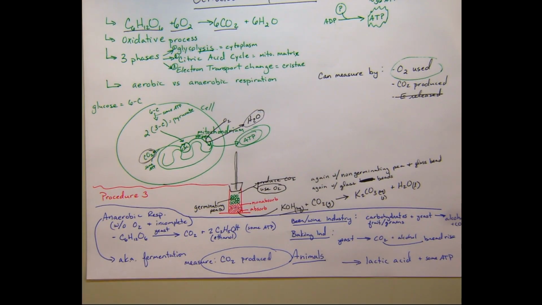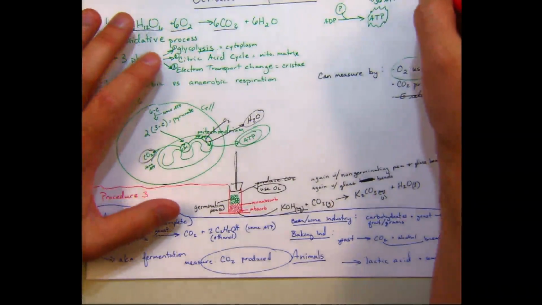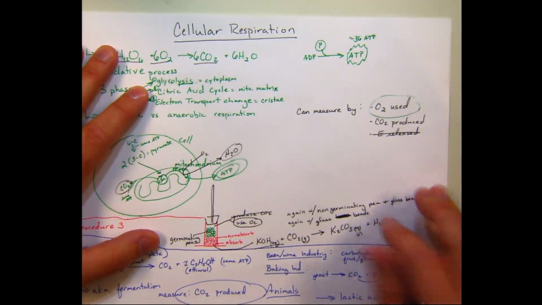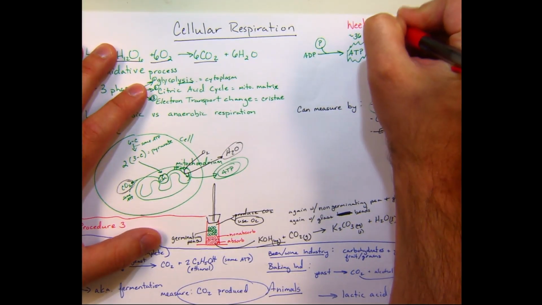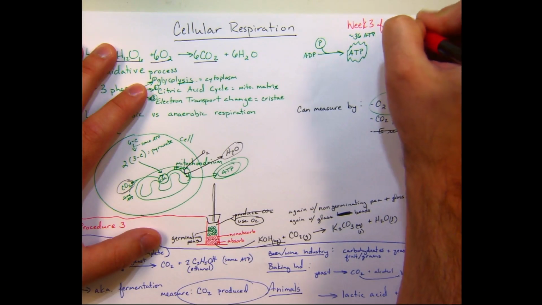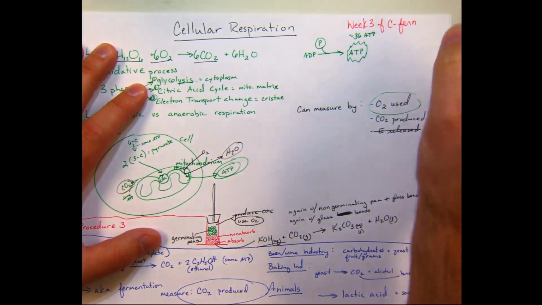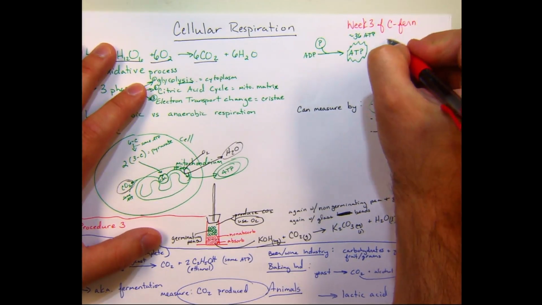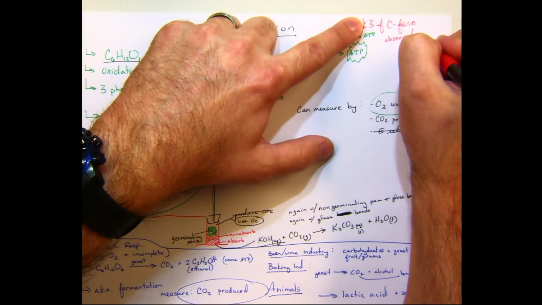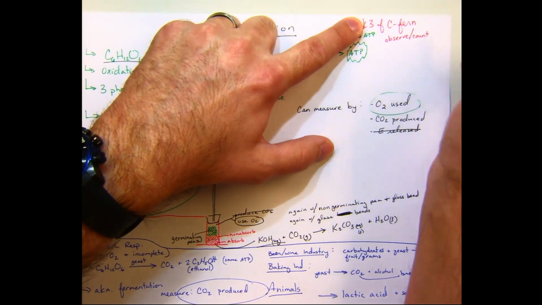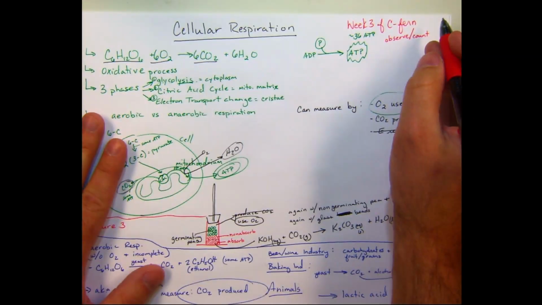Right. And last thing is this is week 3 of our sea fern experiments. What you need to do is you need to observe and count your gametophytes.